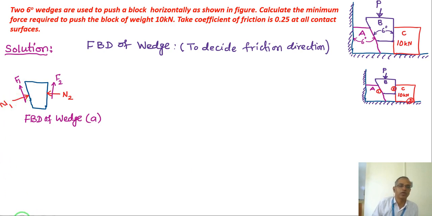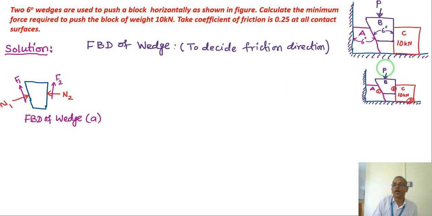That means if I look here, it must have a 90 degree angle. So this must be 90 degrees, between this surface and this normal, right? This is very important. Then since the block is going down, the friction force must be upward, along the direction of the surface.